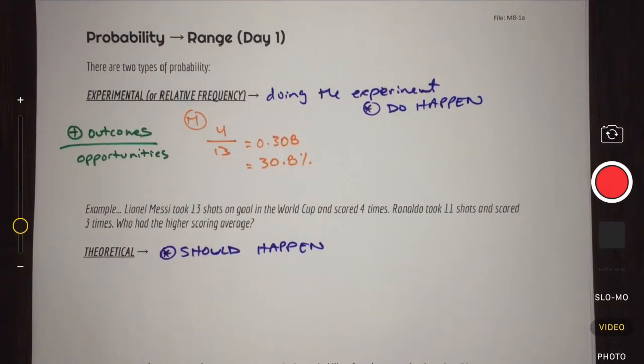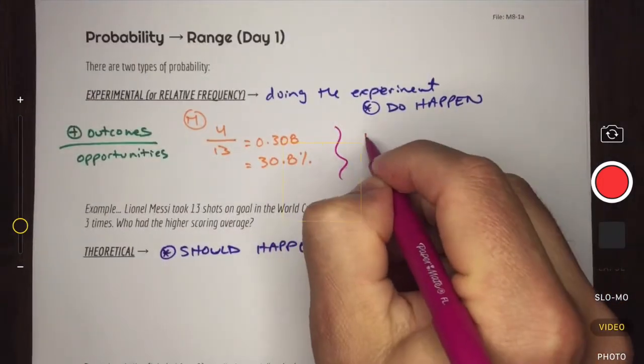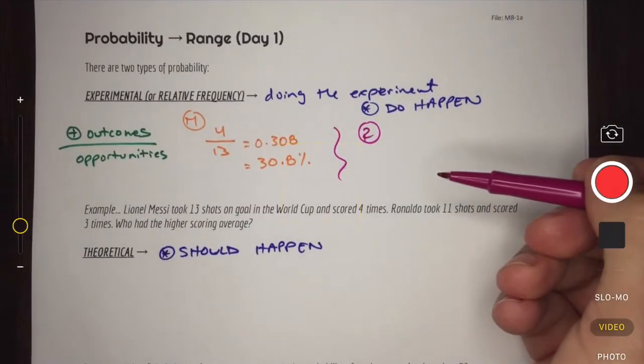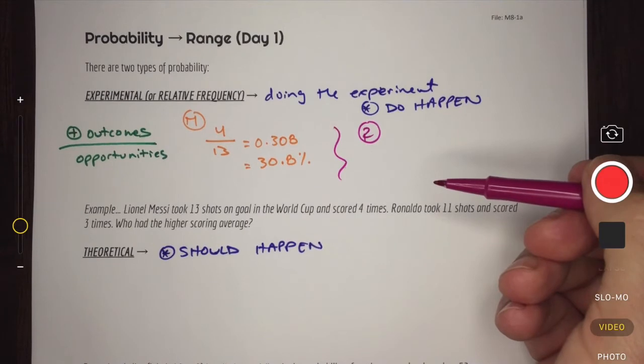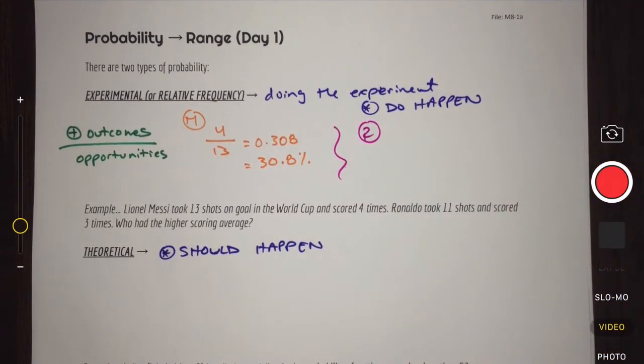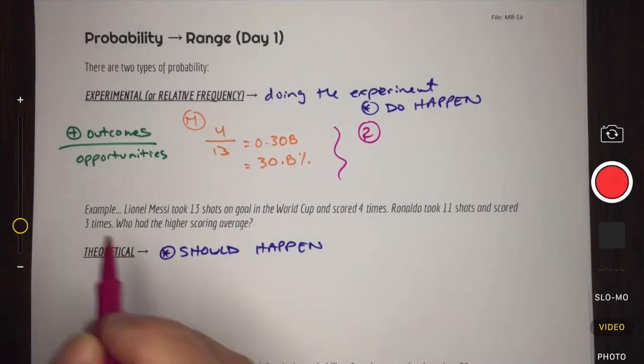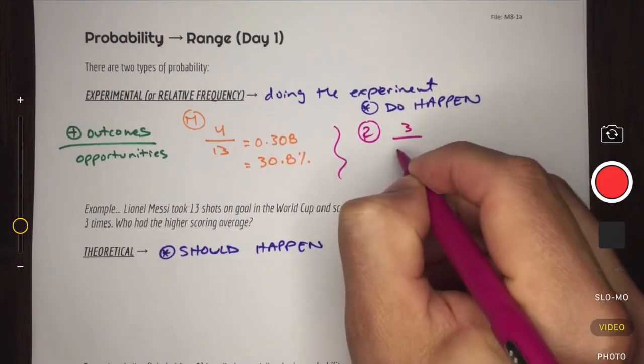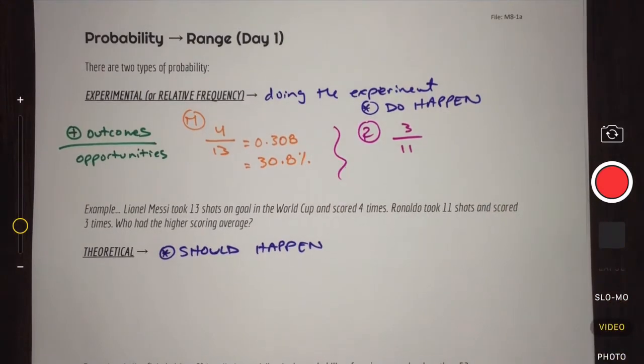If we compare that to Ronaldo's, again, we want to make sure that we set up, most importantly, our fraction in the same way. So the number of positive outcomes, so goals scored, out of the number of opportunities. So how many shots did he take on net? We need to make sure that we set up our fractions the same way so we can compare accurately. So in this particular case, he scored 3 goals out of 11 shots.